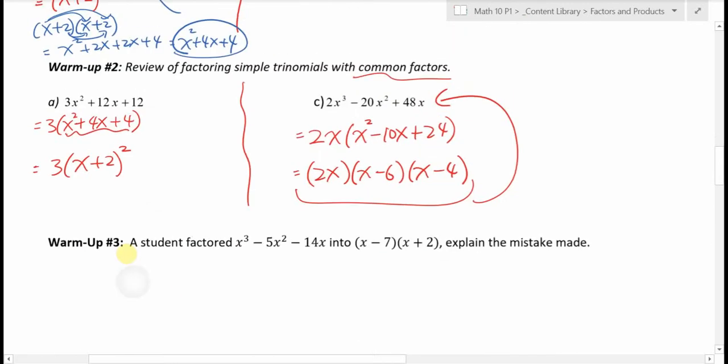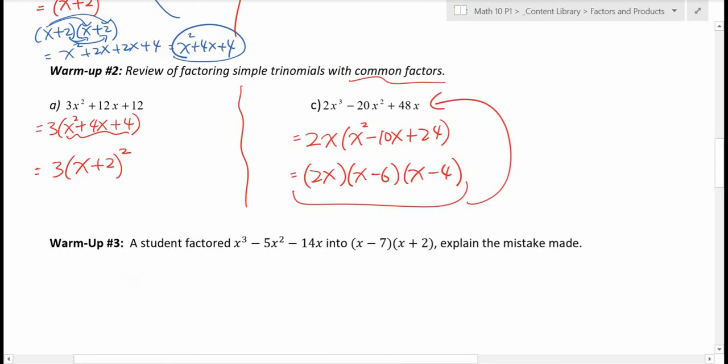Number 3 here is a student factoring x cubed minus 5x squared minus 14x into x minus 7 and x plus 2. What was the mistake? Well, clearly there's the x cubed, that's x squared, and there's an x. So the mistake was the common factor x was not factored out.